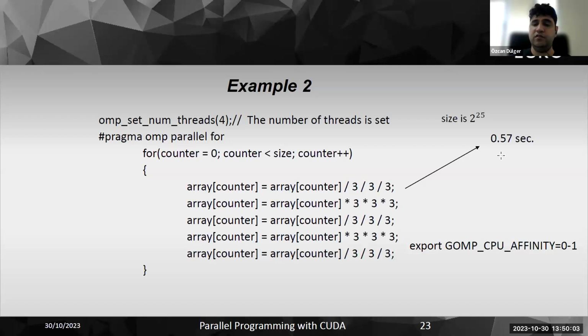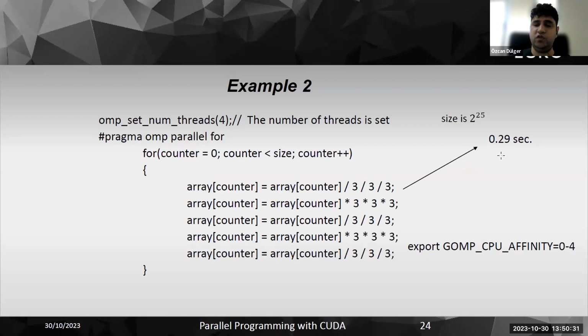As you see, we obtain around 2x speedup compared with the previous example, but it is still not the true approach for us. What we should do is set the affinity between 0 and 4.